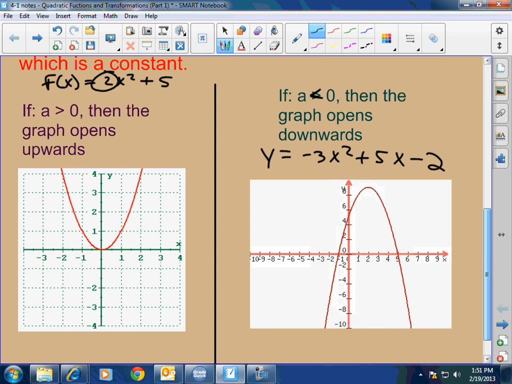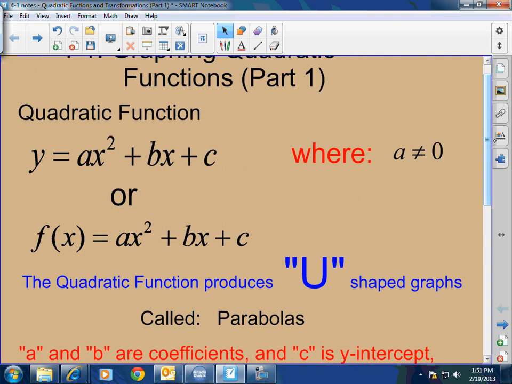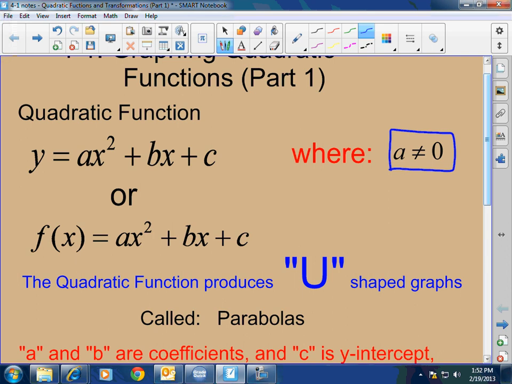Yes, sir. Well, we had said that if a equals 0, it's not a quadratic function anymore. Thank you. Thank you, sir. It wouldn't look like anything because it wouldn't be a quadratic equation, son.